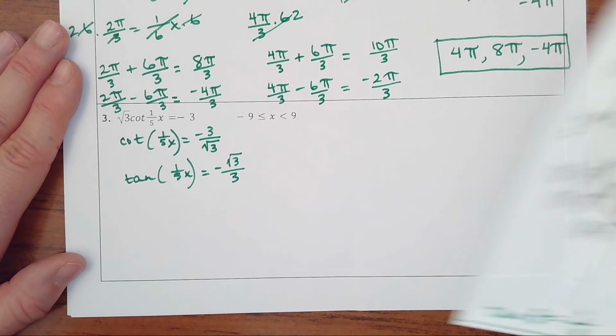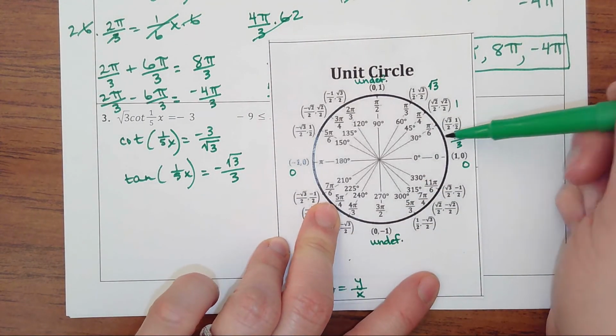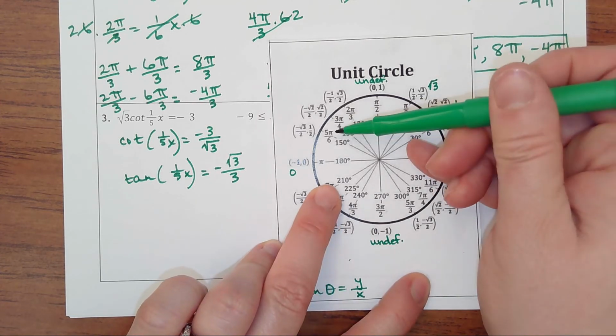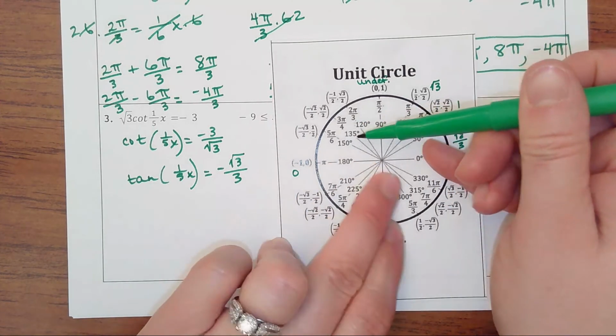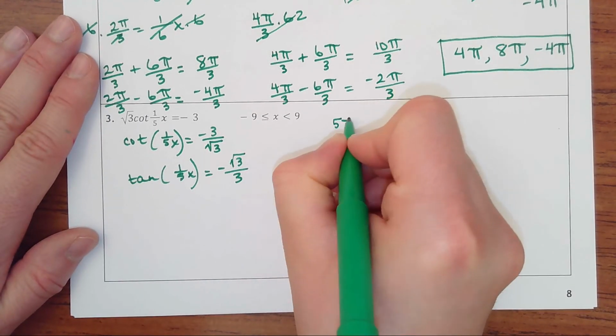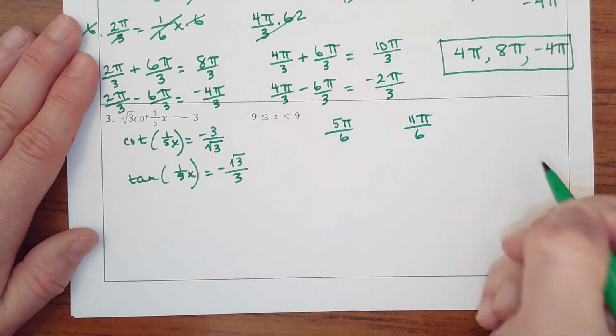Where is tangent of an angle a negative square root of 3 over 3? That would be our 30-degree reference angle. And so that would be here at 5 pi over 6 and here at 11 pi over 6. I'll put it up here this time. 5 pi over 6, 11 pi over 6.